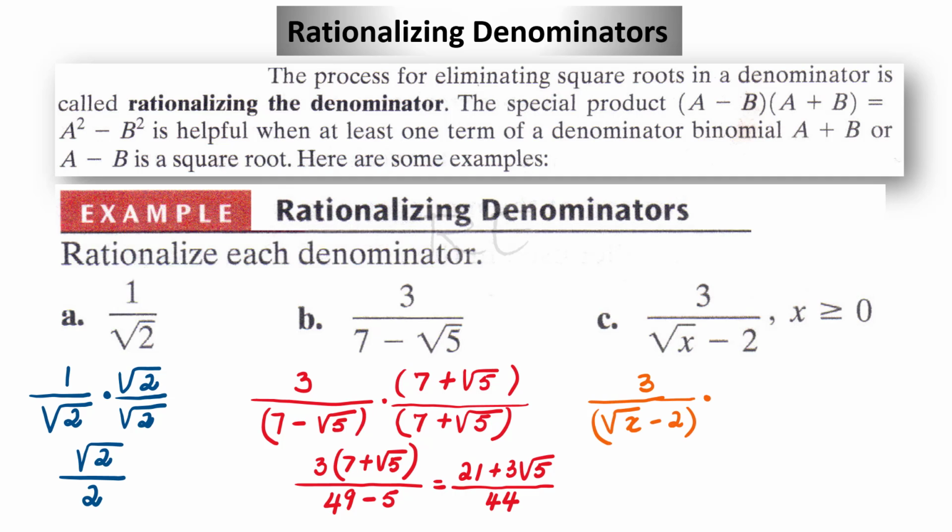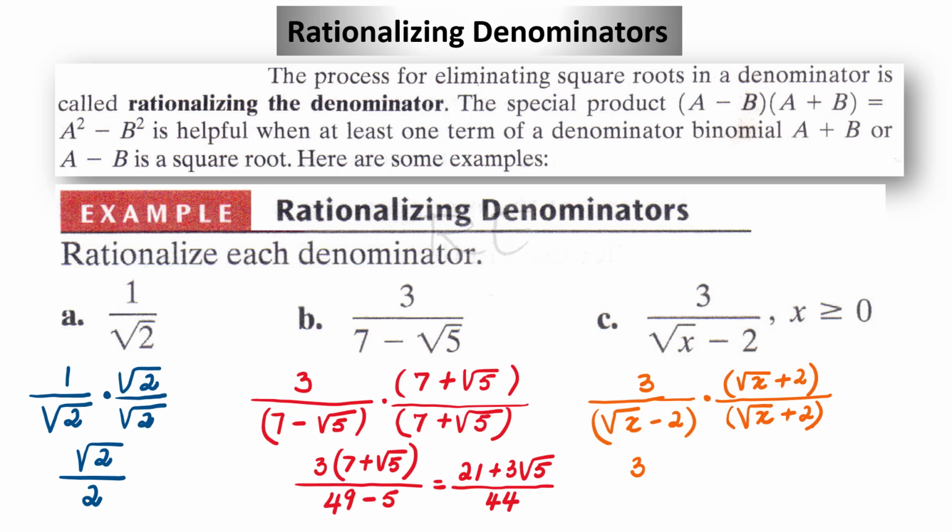To rationalize square root of x minus 2, we're going to multiply the fraction by square root of x plus 2 over square root of x plus 2.